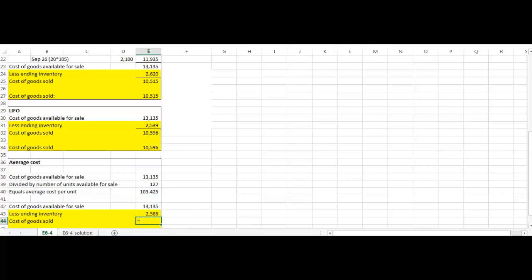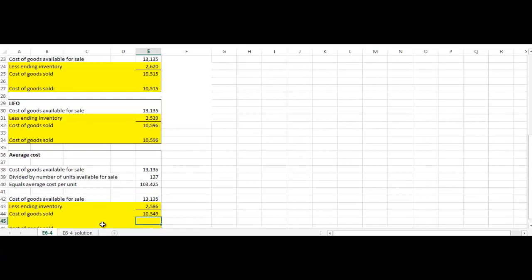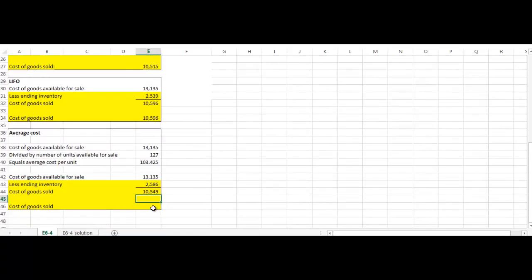Cost of goods sold is equal to cost of goods available for sale minus ending inventory, or $10,549. Let's prove it. Calculate cost of goods sold individually. We sold 102. We multiply that times the average cost, which was 103.425, or $10,549. Hope this helps.